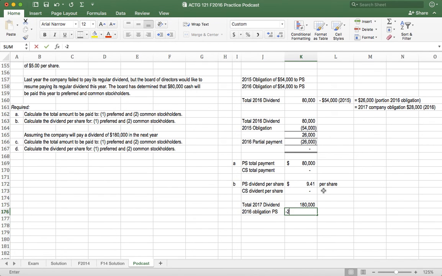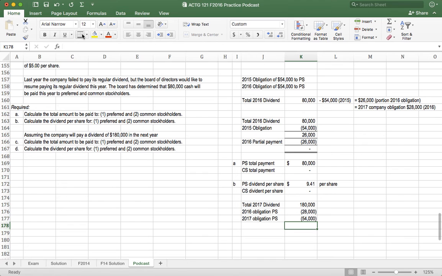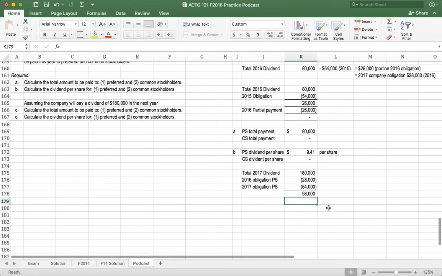So that's $28,000. And then of course we have the 2017 obligation to preferred stockholders. And that doesn't change year to year. It's going to stay at $54,000. So anything remaining right now is going to go to common stockholders. So let's do the math. $98,000 will be distributed amongst the common stockholders.